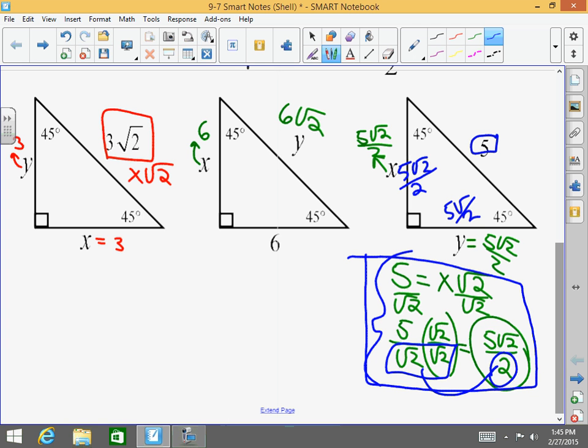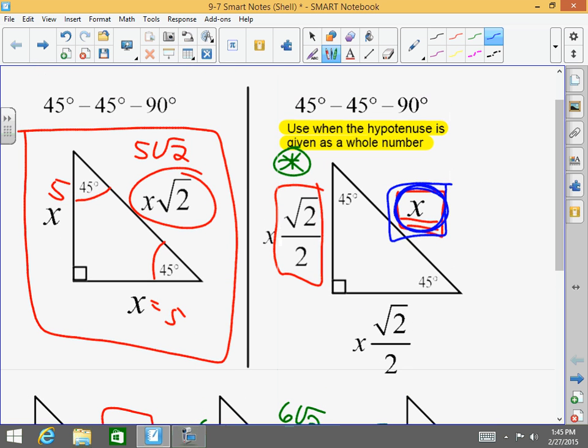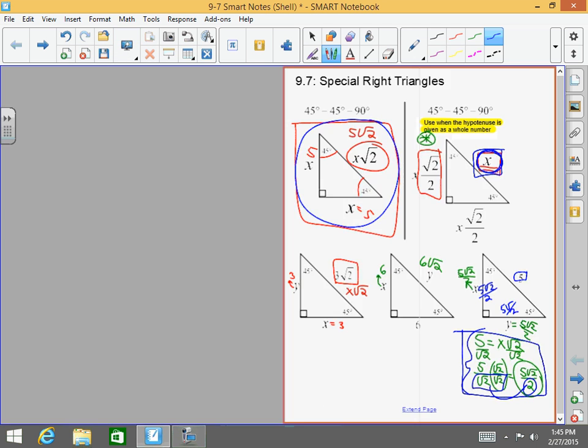Does that make sense? So again, you don't have to memorize that part, but you sure have to memorize this. You've got no choice there, brothers. None. Any questions on that before I move on? All right. Awesome.